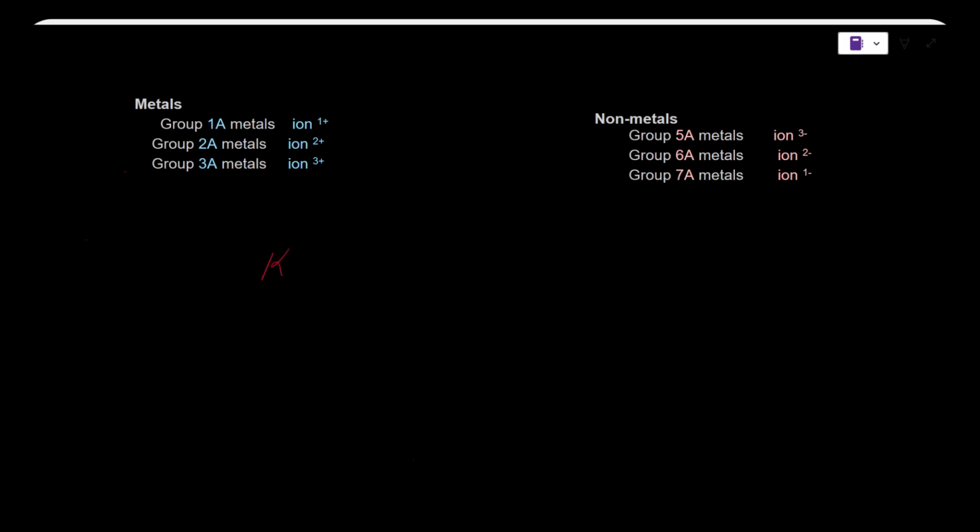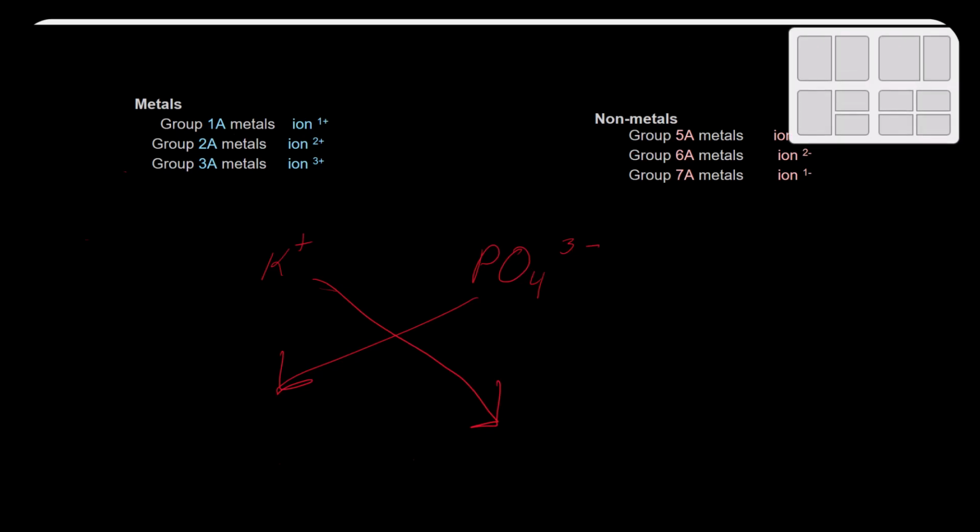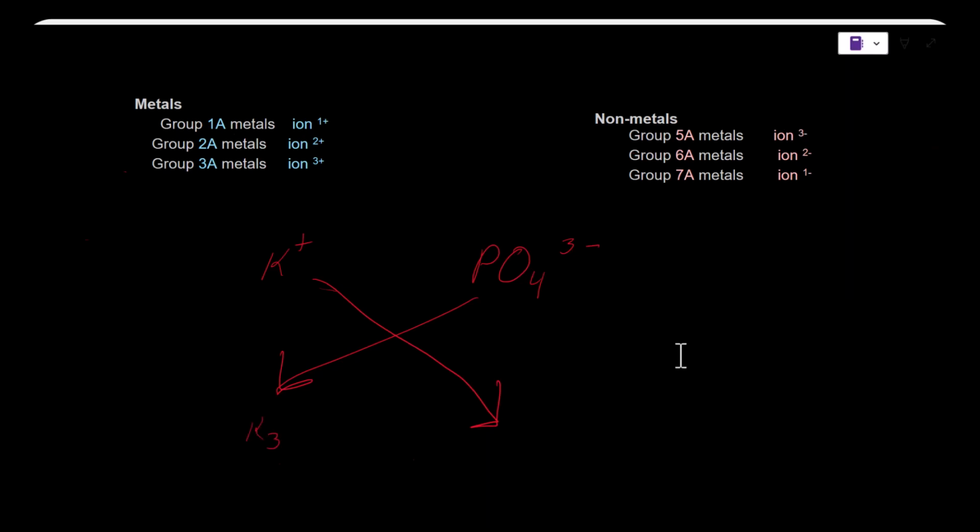One is potassium, the positive charge, and the phosphate ion that has a -3 charge. Then we would just crisscross the charges. So that would become K3PO4, which is potassium phosphate.